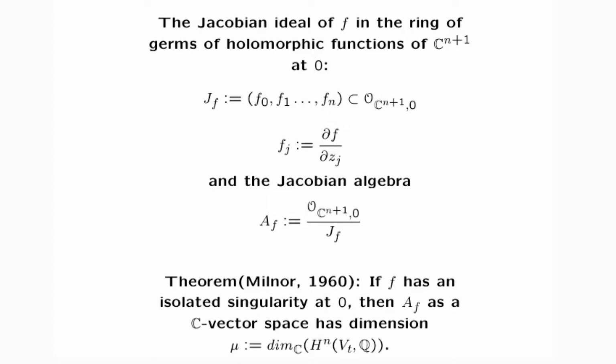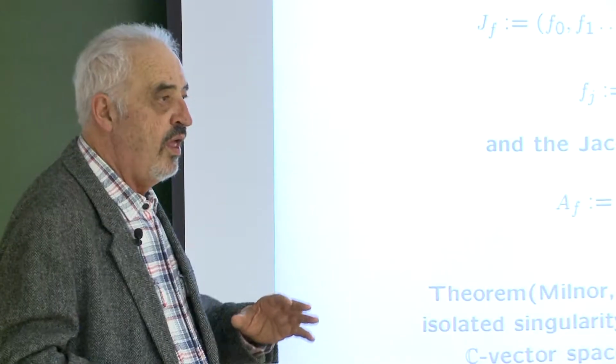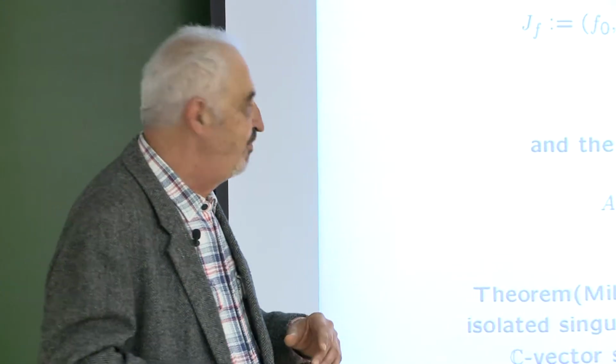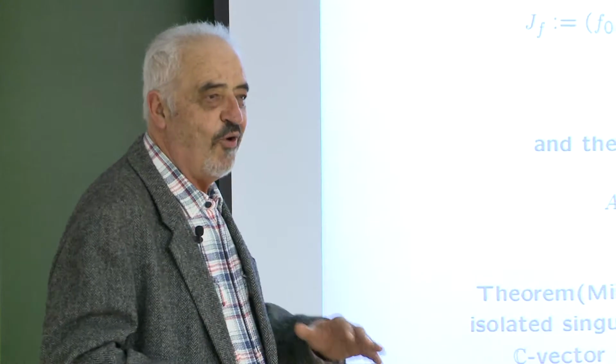Milnor showed that under the hypothesis that F has an isolated singularity at 0, this is a finite dimensional vector space, and that this dimension is the same as the dimension of the cohomology group. So this gives an algebraic procedure that the computer can do for you to tell you what's the dimension of this group.